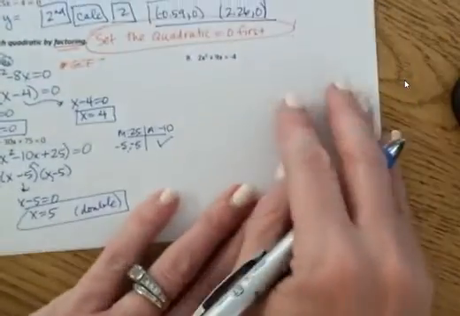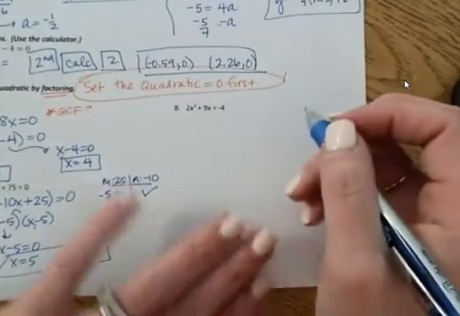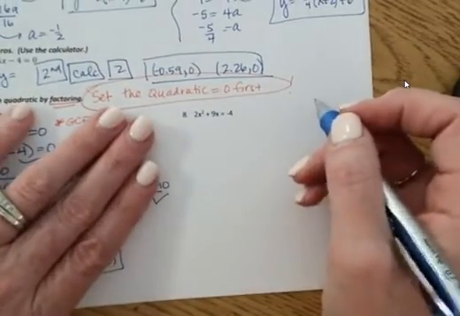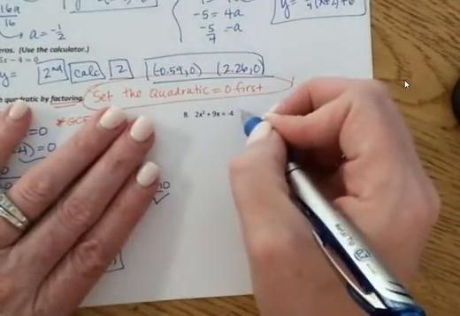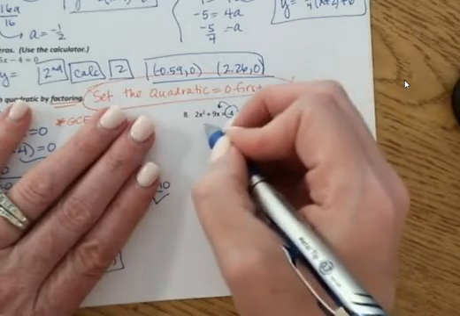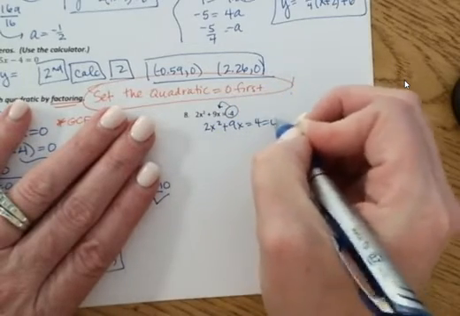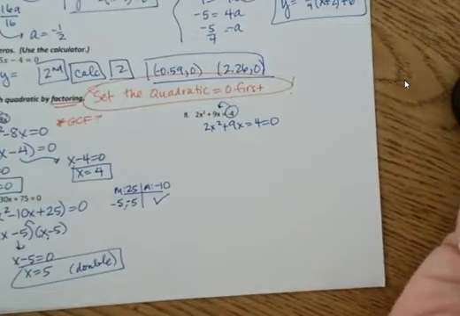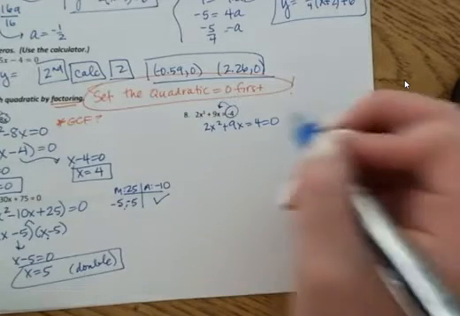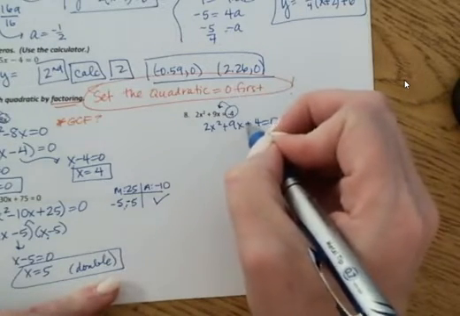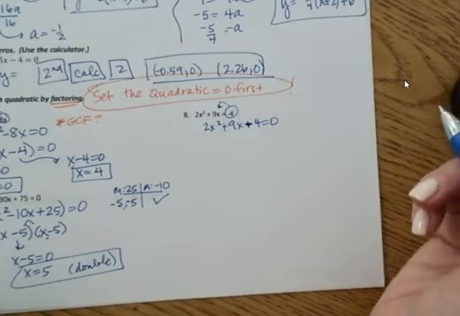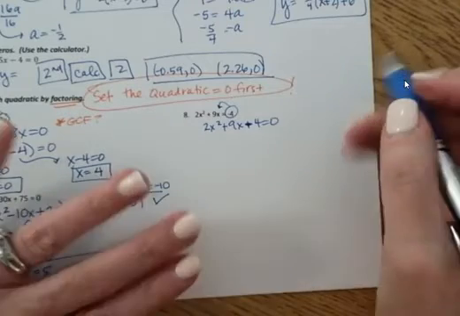Let's look at number 8. 2x squared plus 9x equals negative 4. Well, I need to set this equal to 0, so I'm going to move that constant over. And then I'm going to try factoring. Well, I don't see a GCF I can take out. This should be a plus 4. I don't see a GCF I can take out, so I'm going to have to do my factoring.